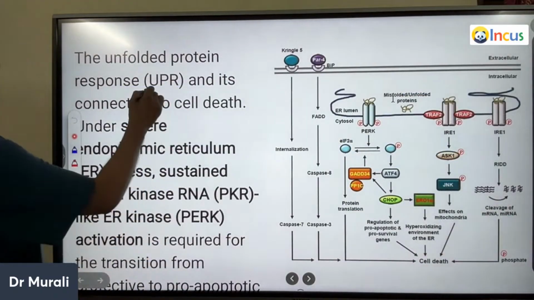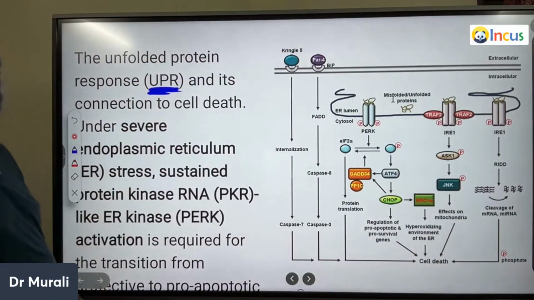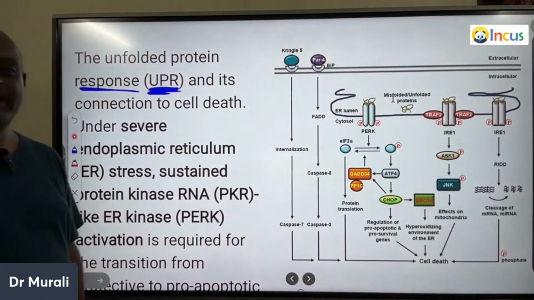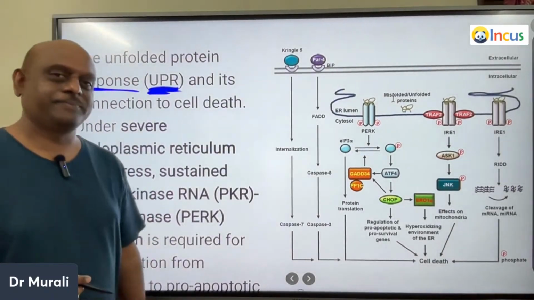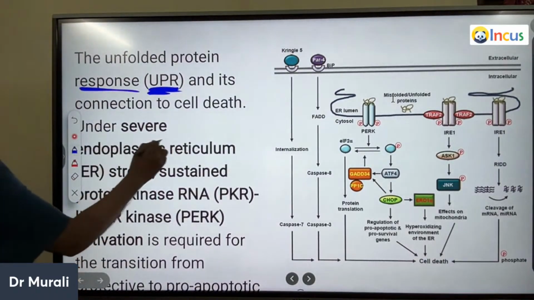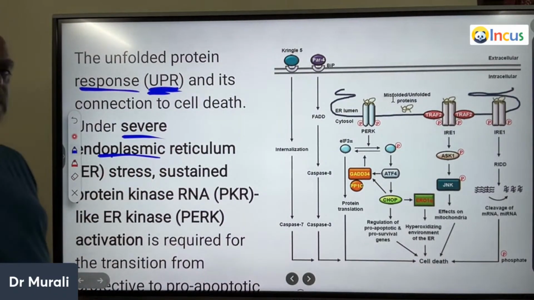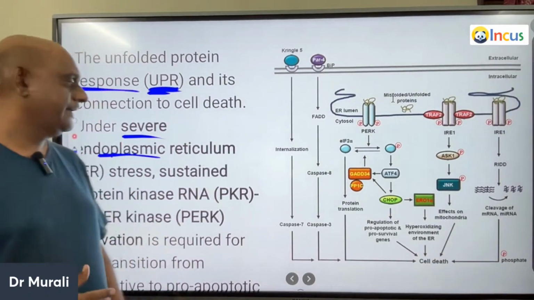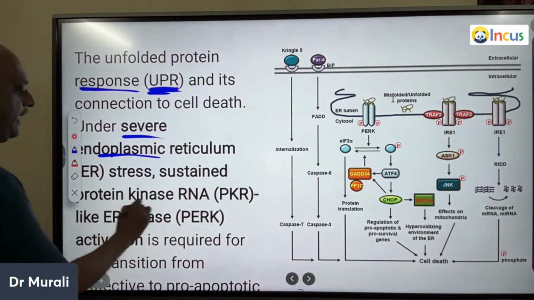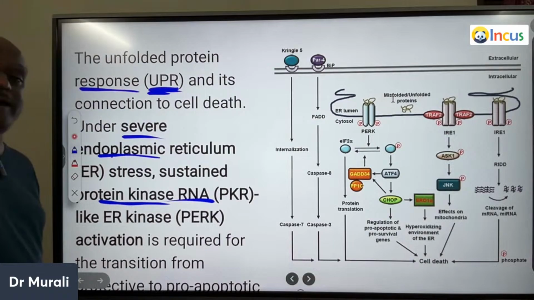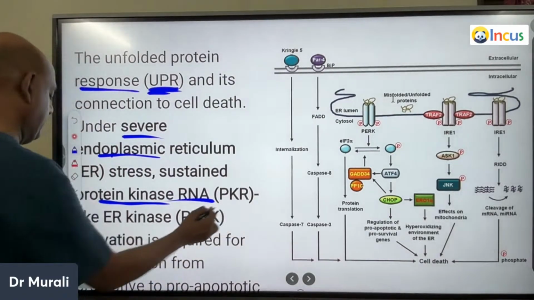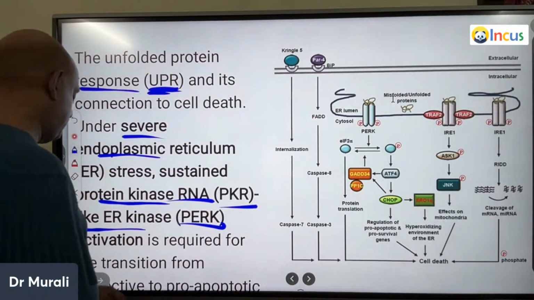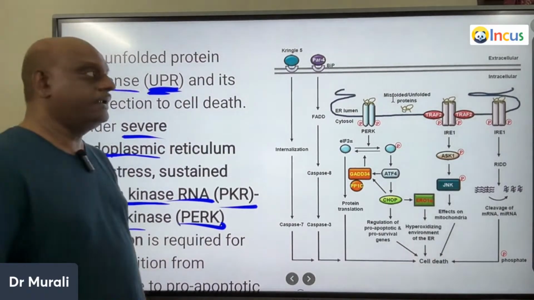Now, there is something called UPR, unfolded protein response. It has a connection with cell death. So, whenever the endoplasmic reticulum is under severe stress, there is a sustained protein kinase RNA-like ER kinase, PERK, activation, right?